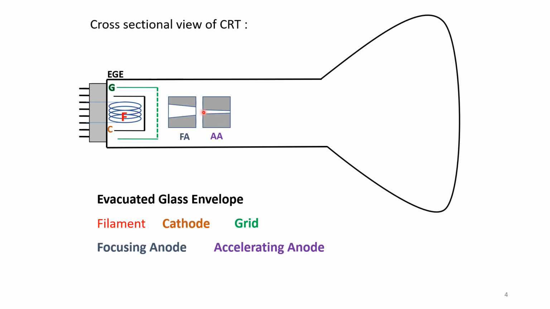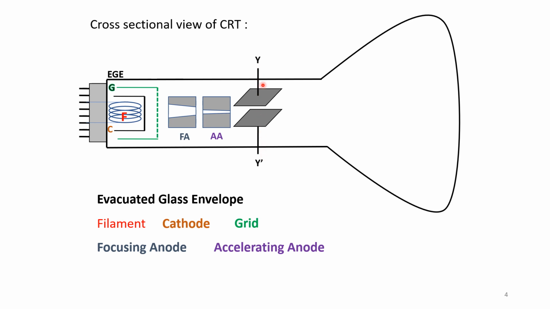Because of this channel, the beam gets focused, and at the same time it is also accelerated, and then the electron beam that comes out through this anode reaches the point here.